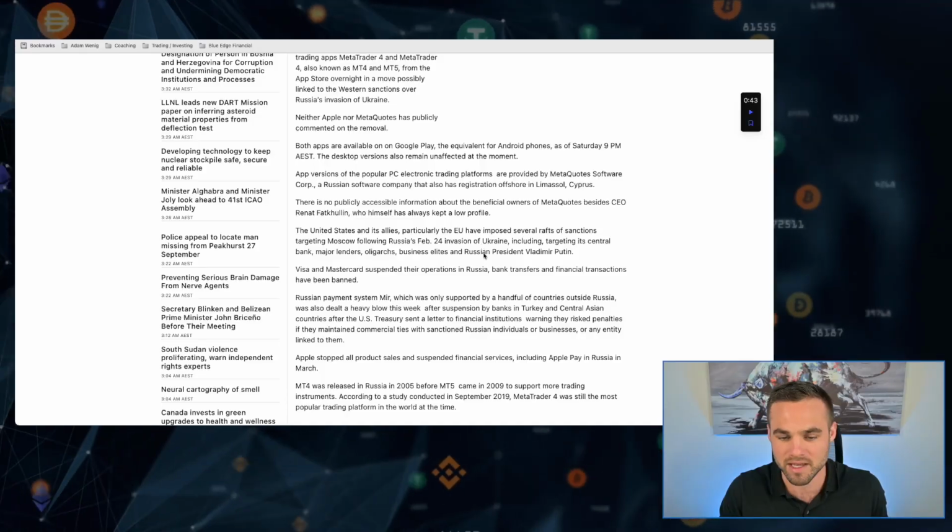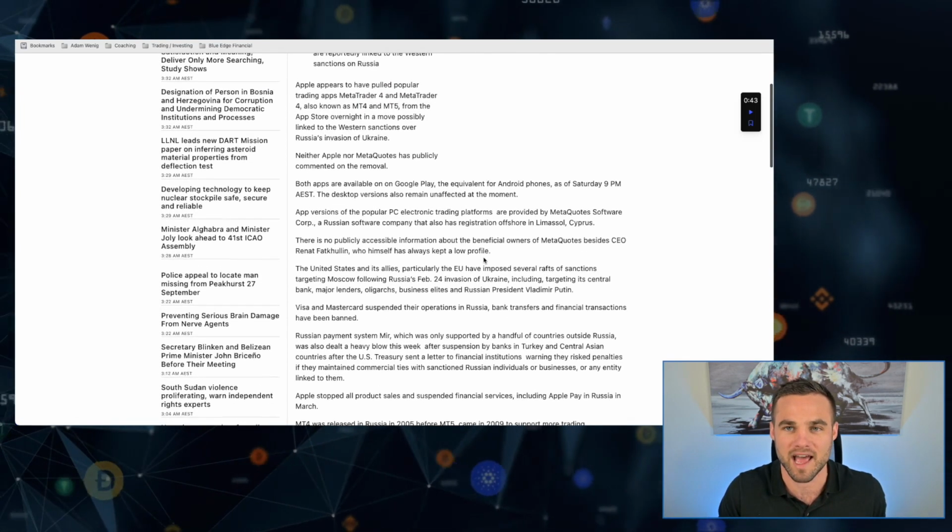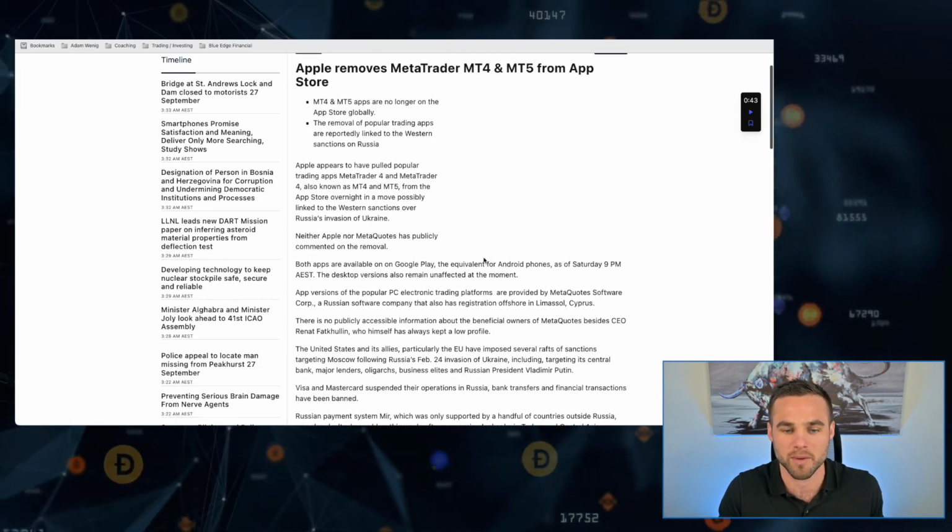Now, with that being said, it's unknown exactly what's happened, but most people seem to think that MetaQuotes, the company behind MetaTrader 4 and MetaTrader 5, originated in Russia. And as you can tell, Russia and the US are kind of at war with each other, right? And what essentially the US is trying to do is sanction Russia. Even really big companies like Apple have stopped all of their business in Russia.